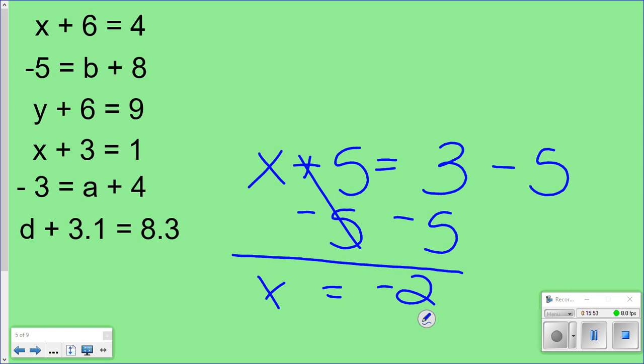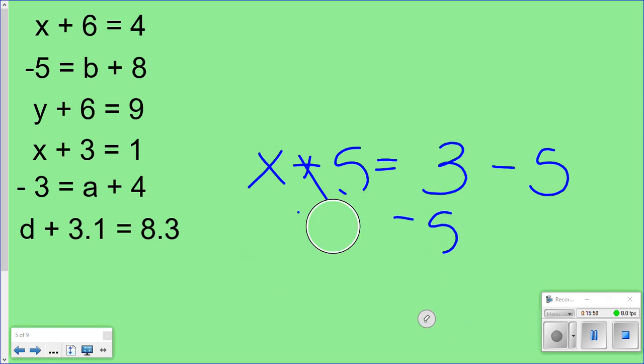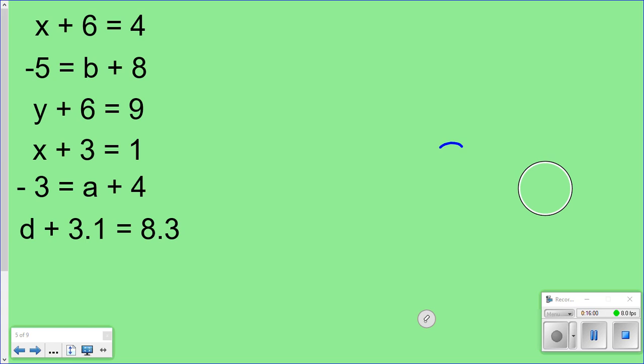You can. Do you want me to show you keep change change one? Okay. Let me show you keep change change one. This would be an example of keep change change one.